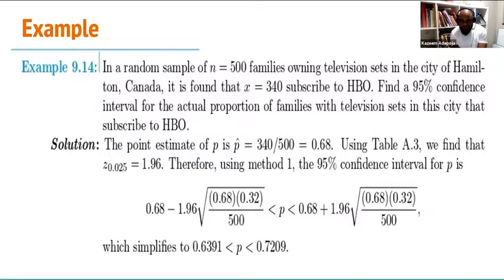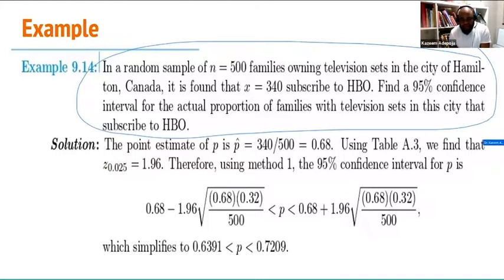When you take a look at the question, you're going to see that they only investigated 500 families. They took a random sample of 500 families among the population of families in the city of Hamilton, Canada, which means it is not every family that was investigated.